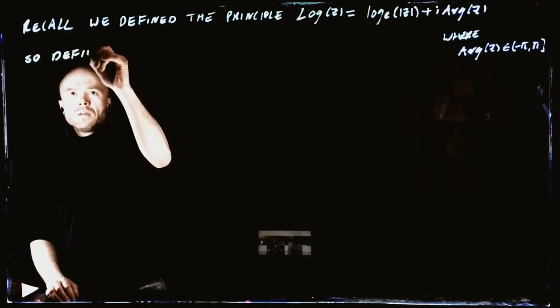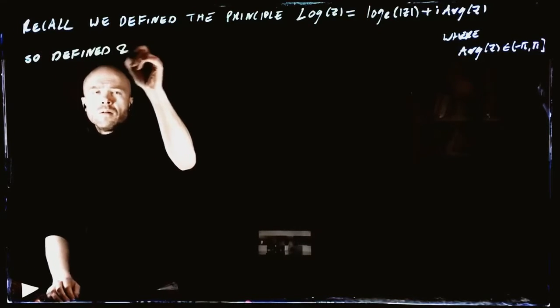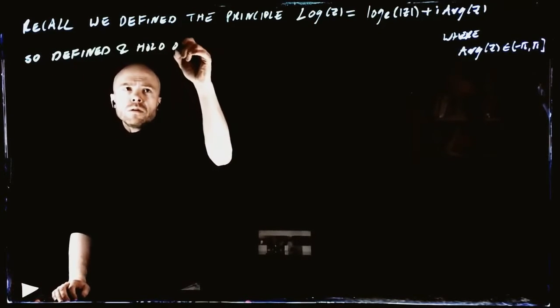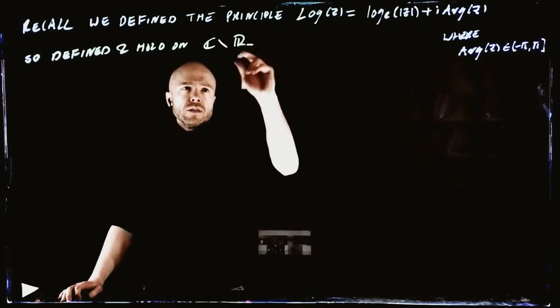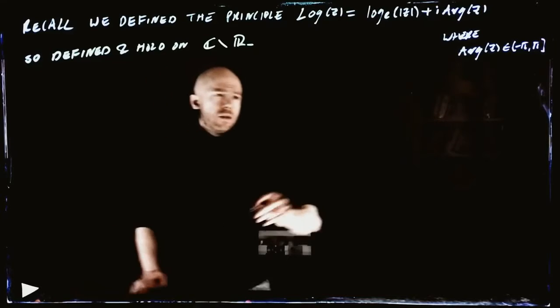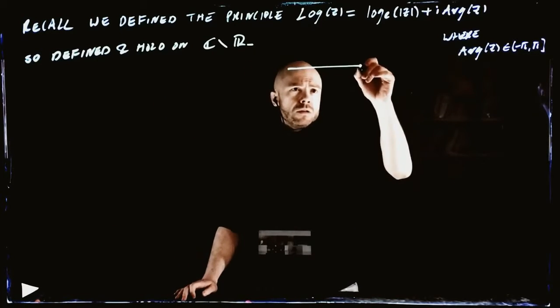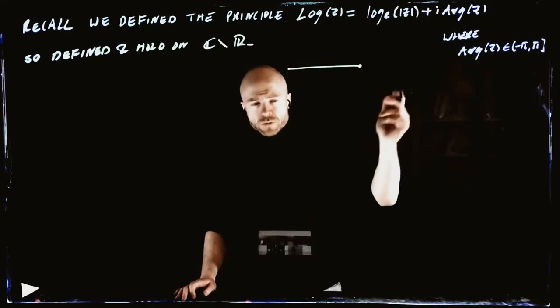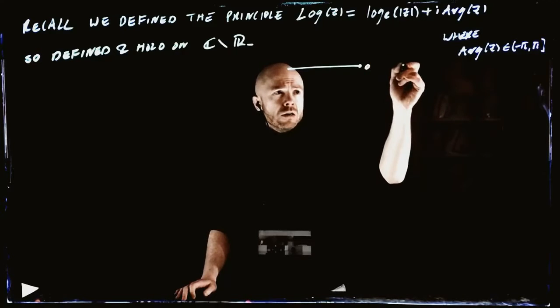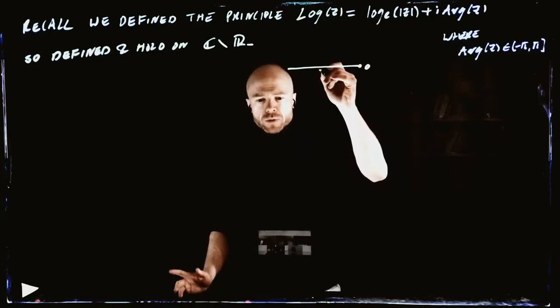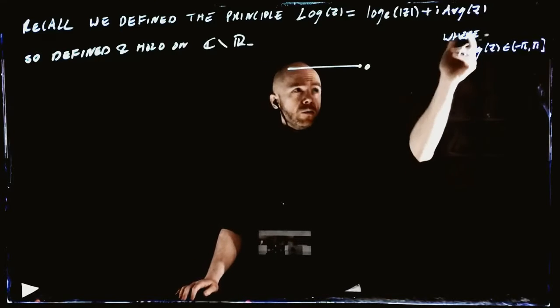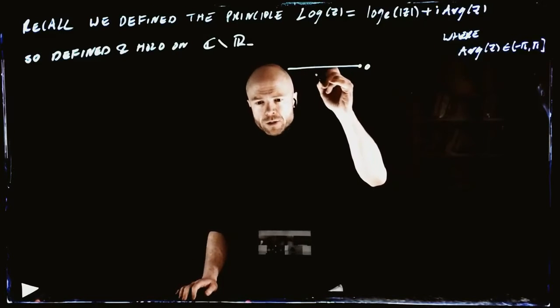So defined and holomorphic on the complex numbers, take away this thing. So this means the negative real numbers, right? Because we have an issue when we go all the way around. So this is 0. When we go all the way around, we can't cross this because we have a discontinuity, because the principal argument goes from pi to minus pi here.